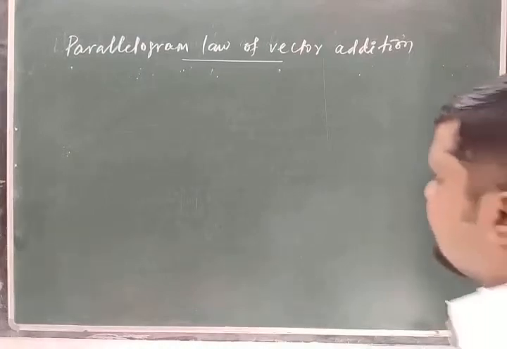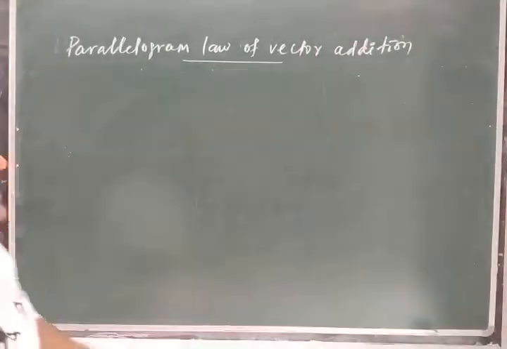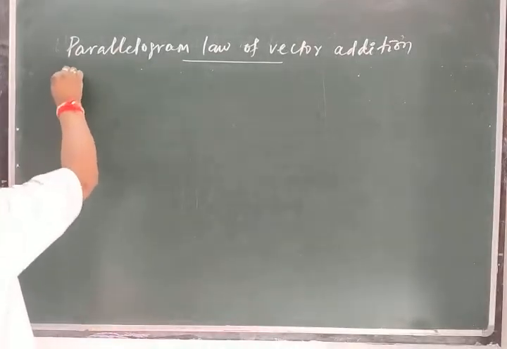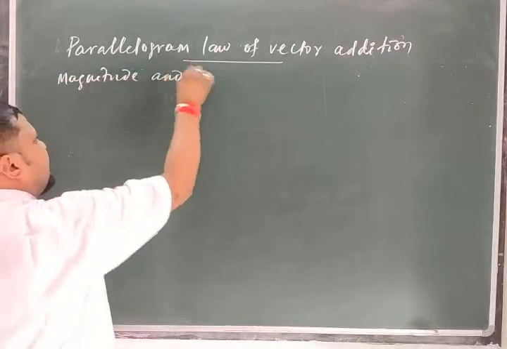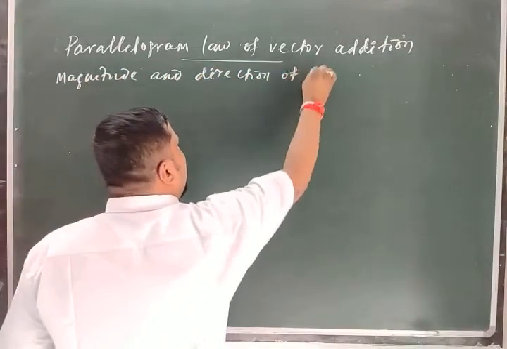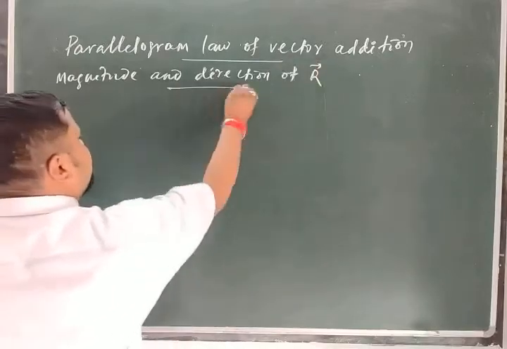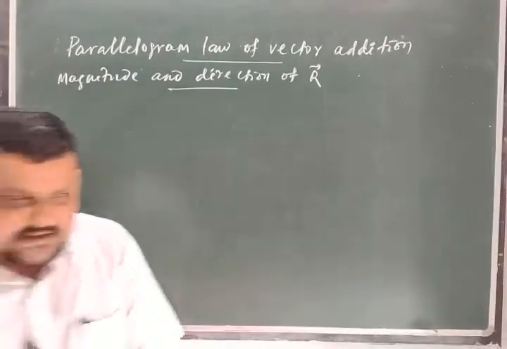So now we will go for the diagram again. Analytically, we will find the magnitude and the direction of R, that is the resultant. Right? So do the same procedure as before. Let us consider the vectors.